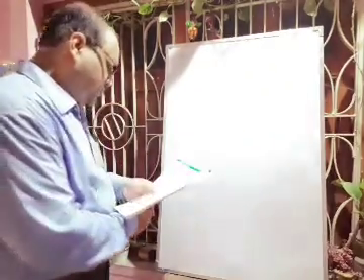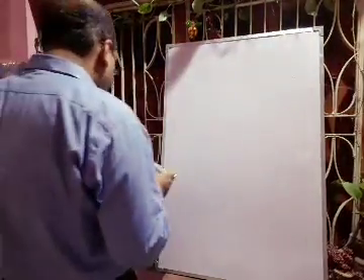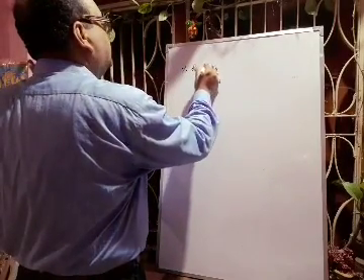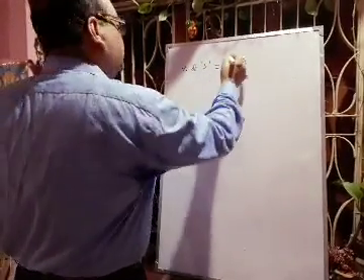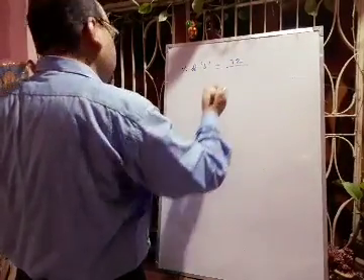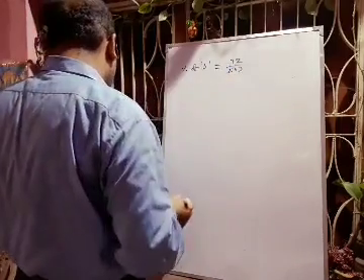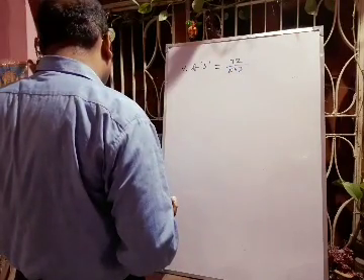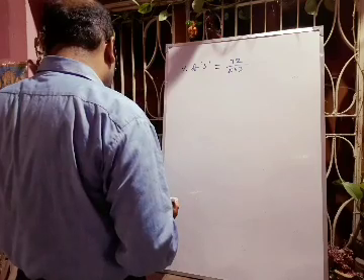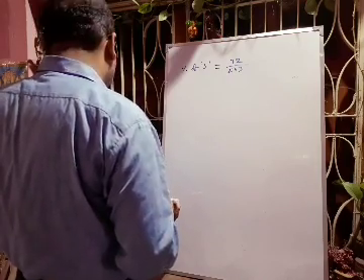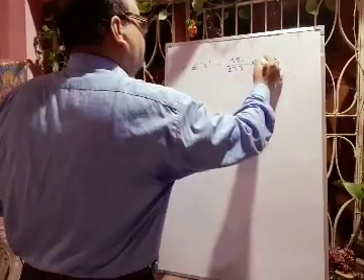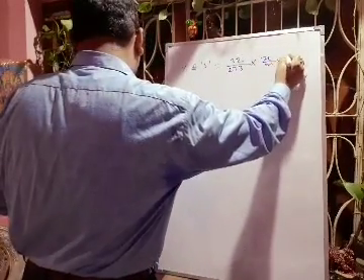Now what formula will we use? Percentage of sulfur will be equal to 32, the atomic mass of sulfur, divided by 233, the mass of barium sulfate, into x by w into 100.